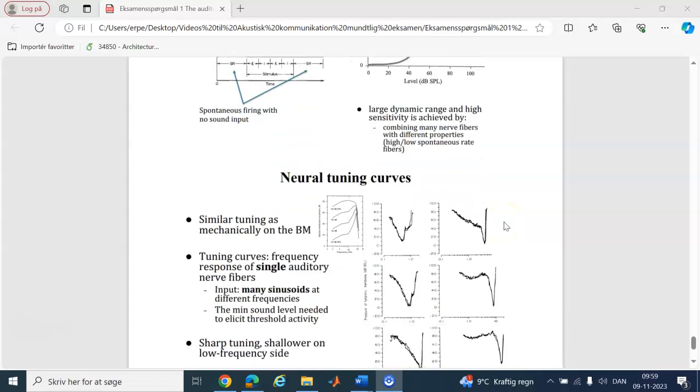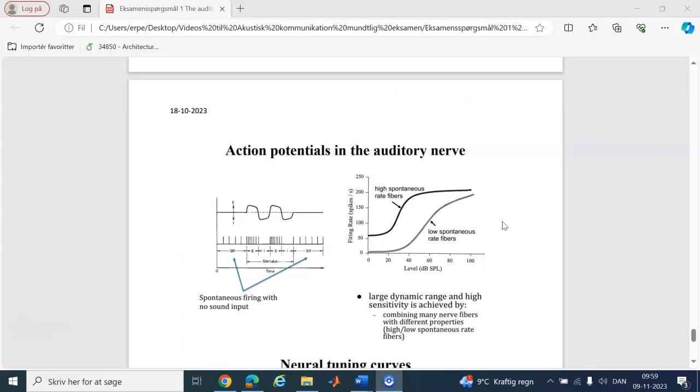A very large dynamic range, you can say. A high spontaneous rate fiber is activated at a small level in dB, and its firing rate increases fast, up to 200 spikes per second, the maximum value.